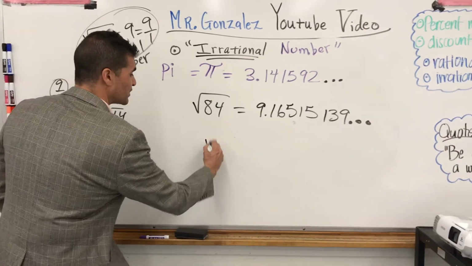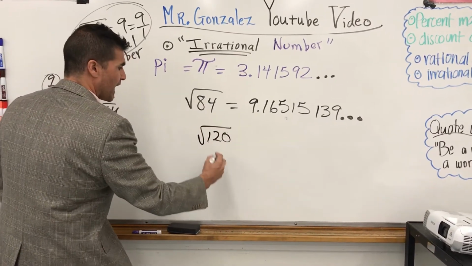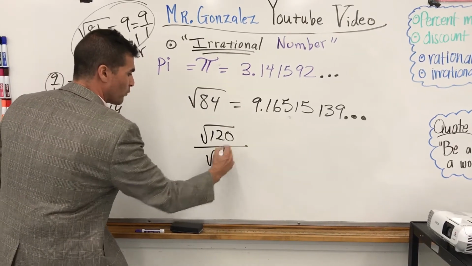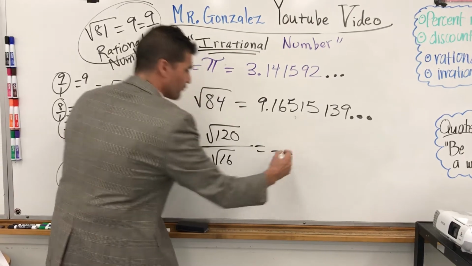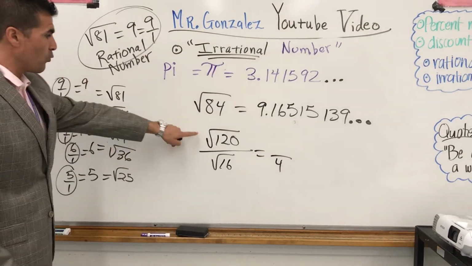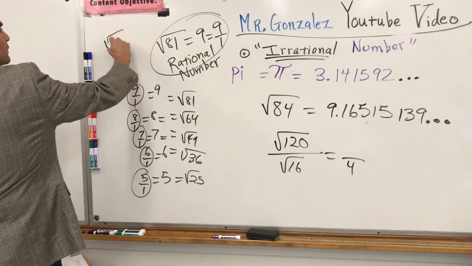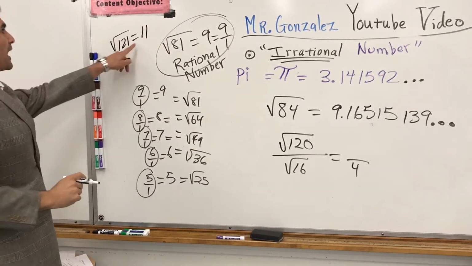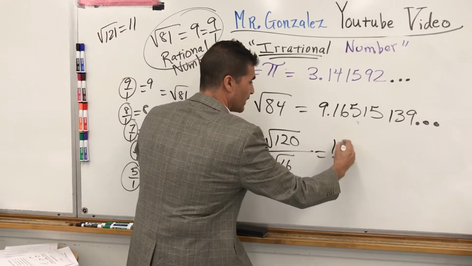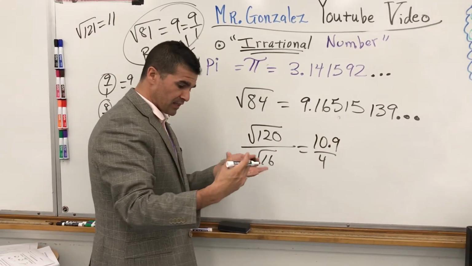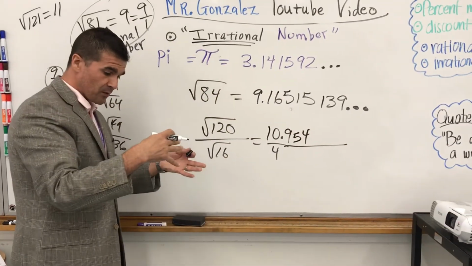But let's say that I put the square root of something like 120, and I put it over the square root of 16. Well, the square root of 16 is 4. And you're thinking, well, isn't the square root of 121 equal to 11? Yeah, it is. But this isn't going to be equal to 11. This is equal to 10.9. And the next numbers are going to be 5, 4, and they're not going to be a pattern.